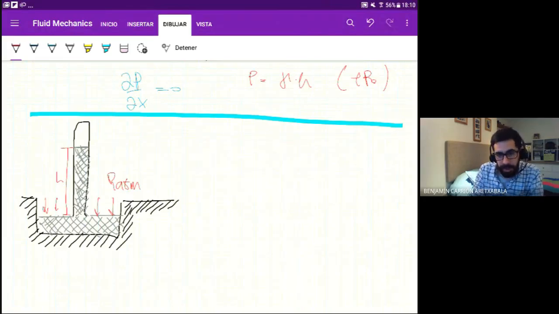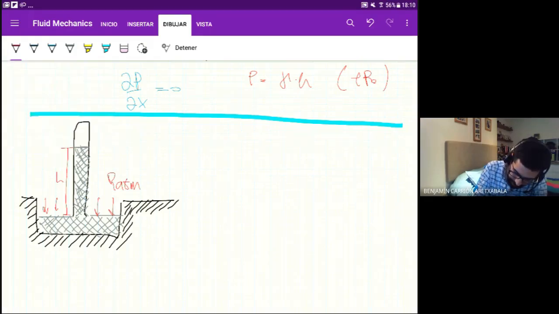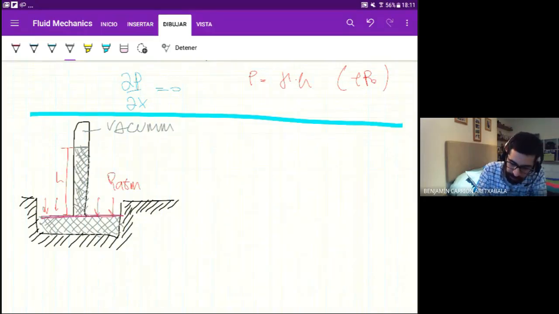Okay, so if we do an analysis of this point here, this line, we said if this fluid is at rest, all along this line it has the same pressure, right? So on each side of the barometer, this is actually a barometer, we have atmospheric pressure, and at this point, what's the pressure we have? Here we can assume we have vacuum. So here we have vacuum, or no pressure at all.